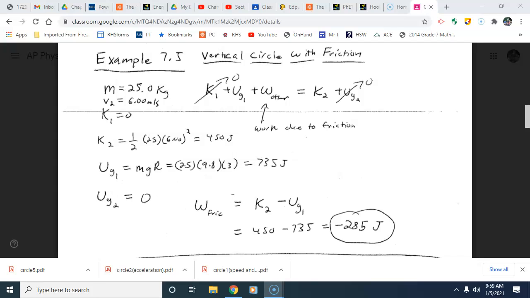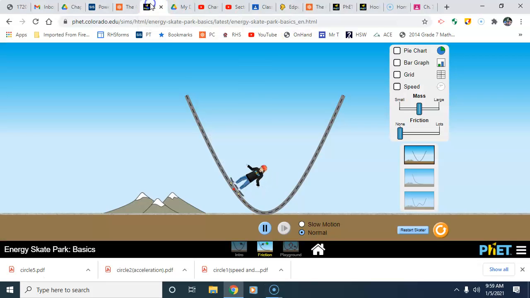If I take this person and didn't just drop them, if I shoved them down the ramp, gave them a push at some point, that work other, if that was a given number, if I said I did push this person with 300 joules of work, that's work other, right?